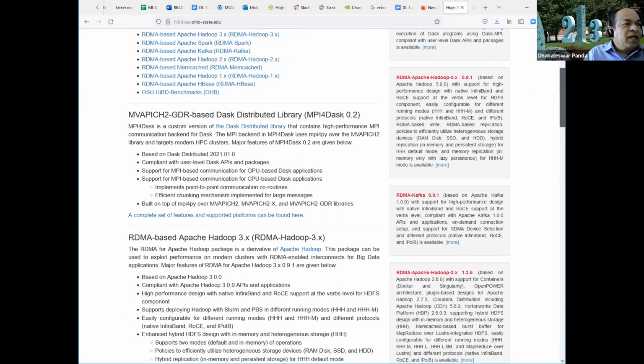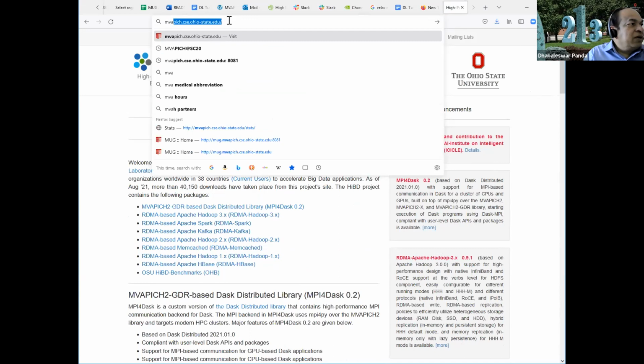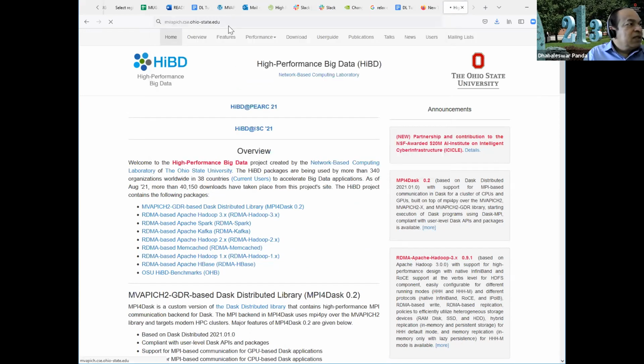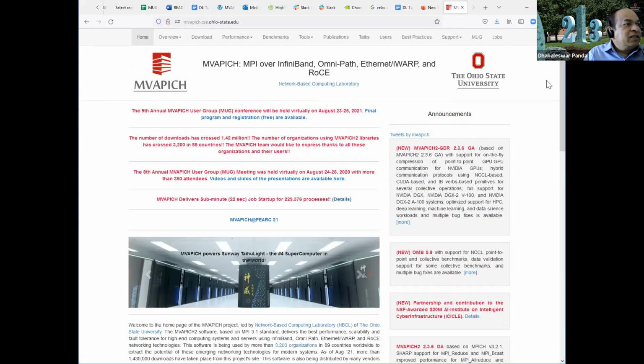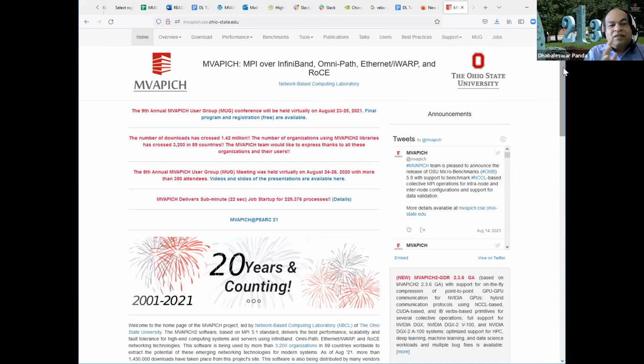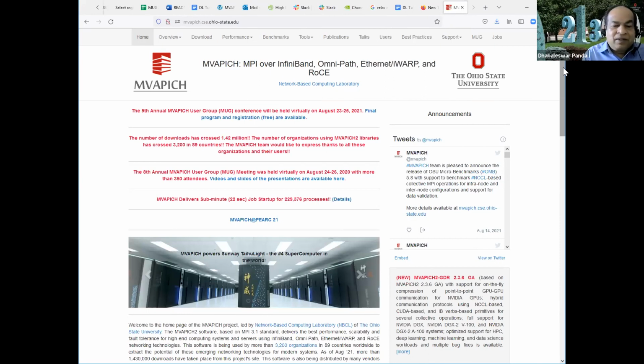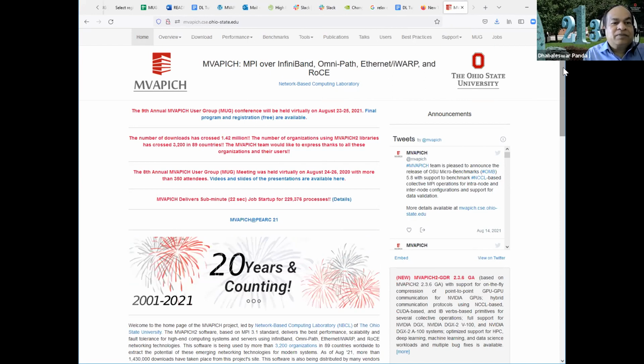And of course, the MPI libraries we talked about from our group are all available here from the MVAPICH project site. So these are the three main websites. If you follow those links, you should be able to be very proficient on running your ML, DL, and data science applications.